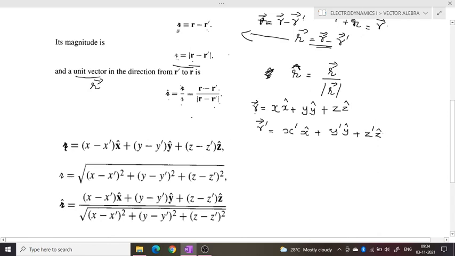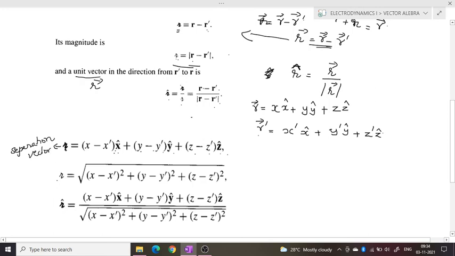So what is r minus r dash? It is x minus x dash into unit vector x, plus y minus y dash into unit vector y, plus z minus z dash into unit vector z. This is called the separation vector.